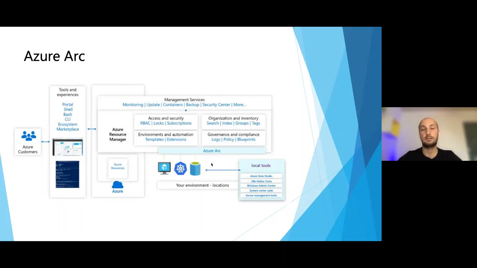The Kubernetes and databases part is still in preview, not in production, but it came out of private preview, which is good, which means that most of us can test it now. For virtual machines, it's already generally available, and we can start using it in production.